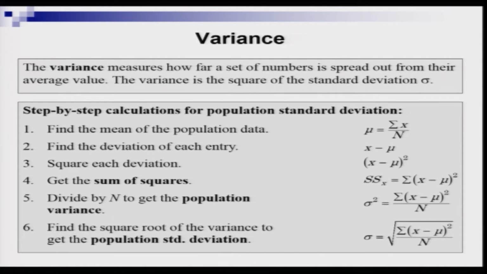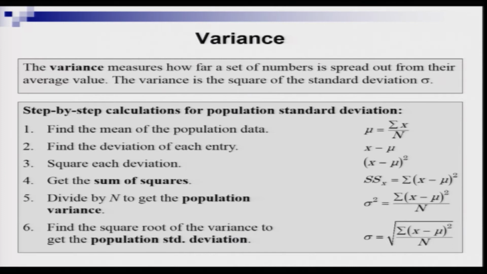Okay, so, you have to find the mean of the population data first, and we have discussed the formula, that is basically the simple arithmetic mean. Then you have to find the deviation for each data point or entry in the sample, and that is to be computed by subtracting the population mean that you have just computed in the first step from each data point, of course, and then you square each deviation.